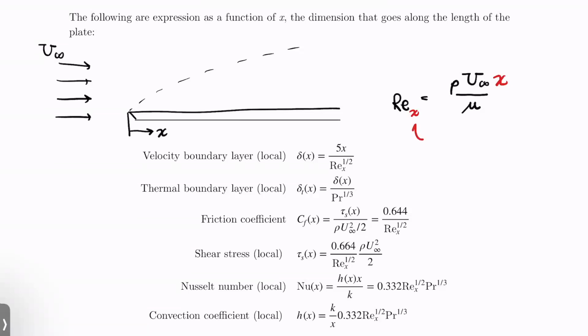Let me just write that down. This subscript indicates what variable to use for the characteristic length scale.